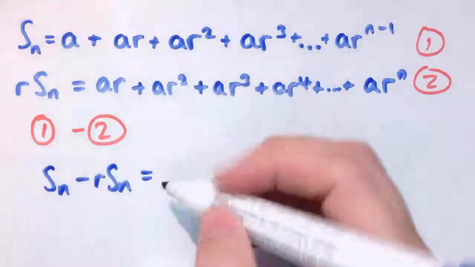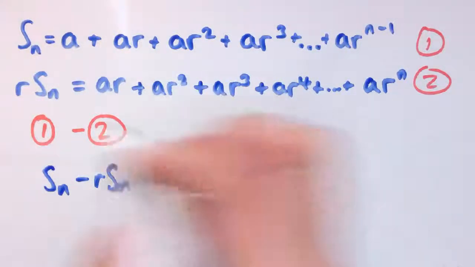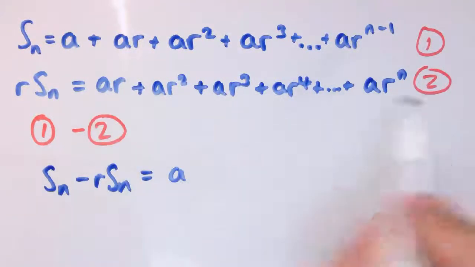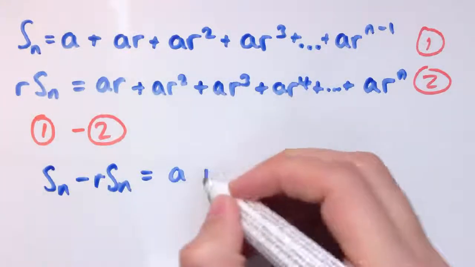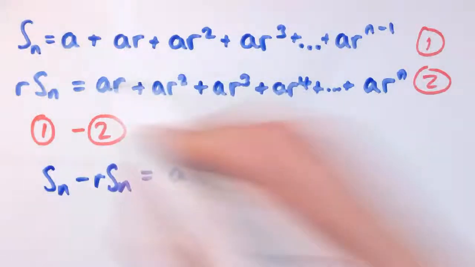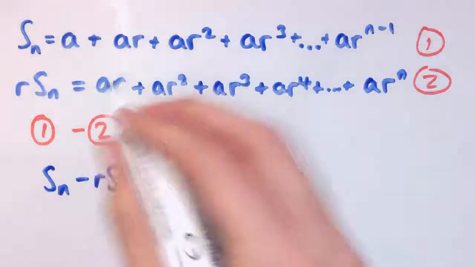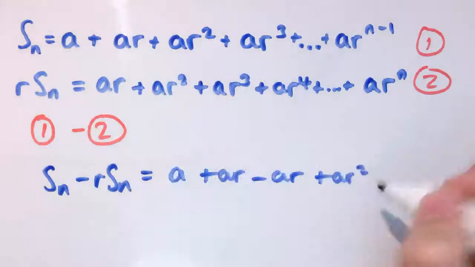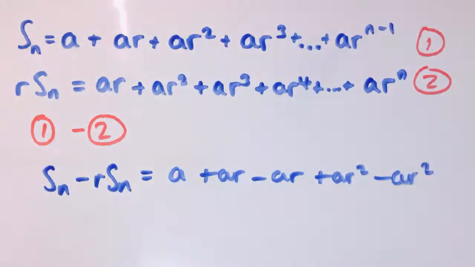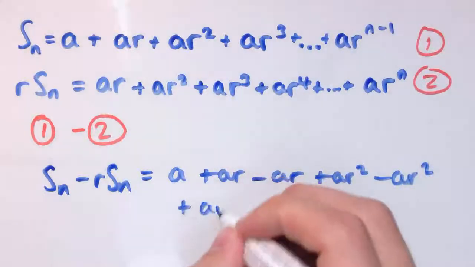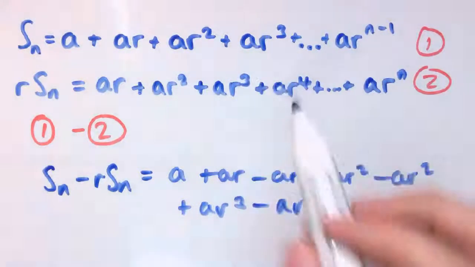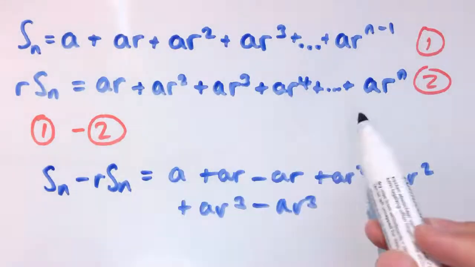I take a in line 1, and then I add ar, add all of these things, but I'm going to subtract all of these things. So I'm going to do a plus ar, but then minus ar from the second line. I'm going to have plus ar squared, but then minus ar squared in the next line. You can see that all of those terms cancel out in the middle, because I'm adding them here and subtracting them here.